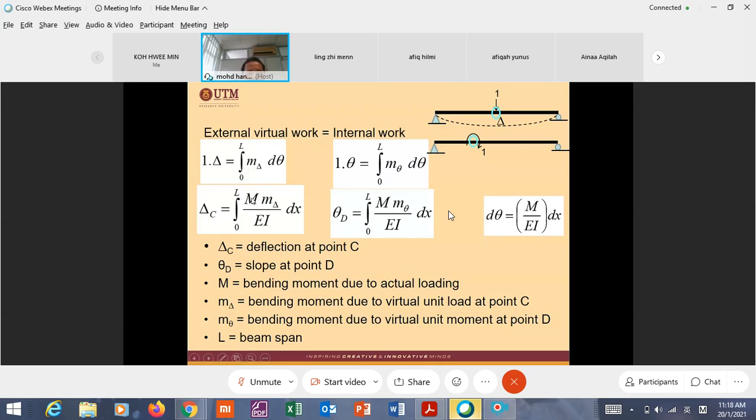M is for the actual moment, m small letter is for moment due to unit load, and m theta small letter is for moment due to unit moment. Why is it d theta? Because d theta equals M over EI.